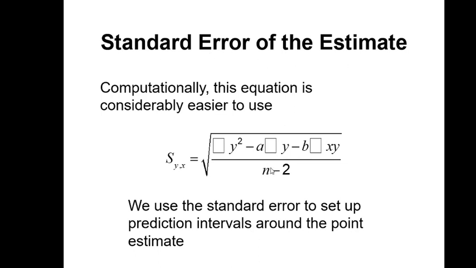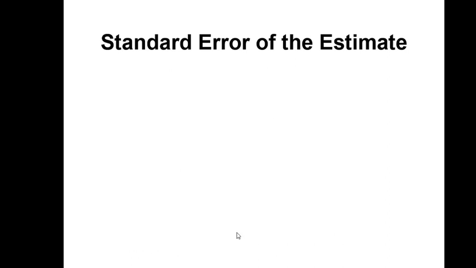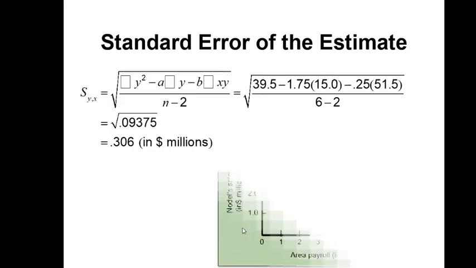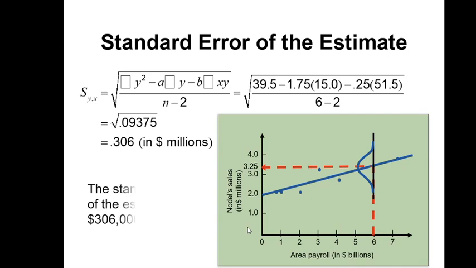Okay, let's go back to our example and calculate the standard error of the estimate, so that it will help us to have an interval estimate of our demand or sales for next year. Let's apply it. Of course, we will use the same numbers that we have calculated a while ago.